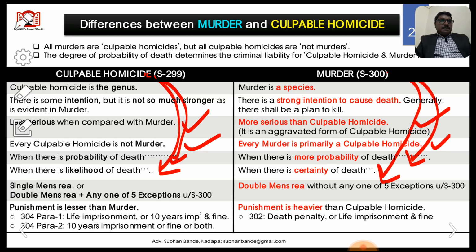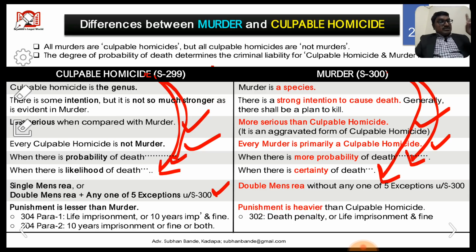It is murder. There is a single mens rea in culpable homicide as under section 299. There is double mens rea plus any one of the 5 exceptions specified under section 300 for culpable homicide not amounting to murder.